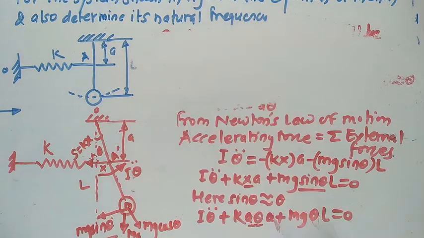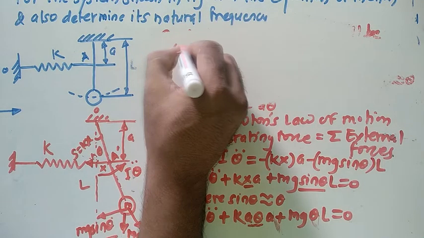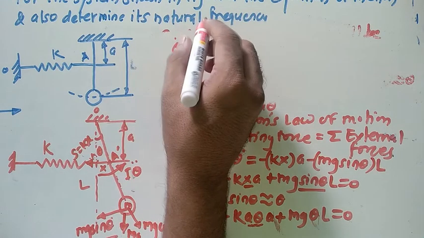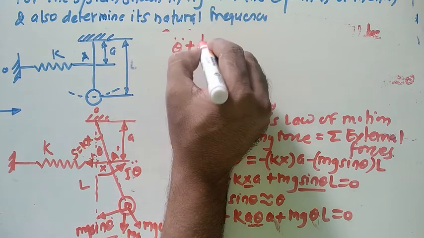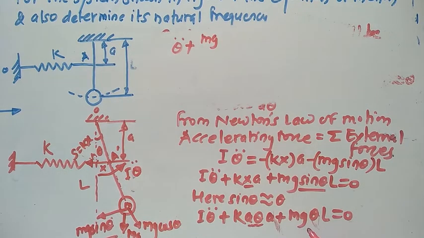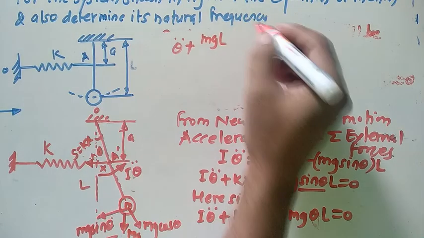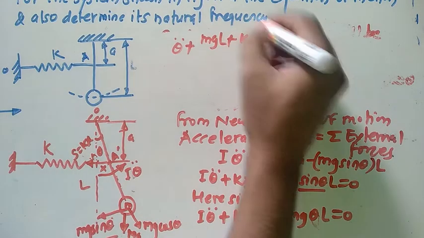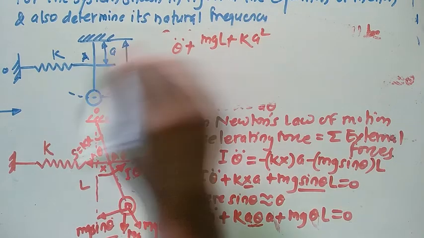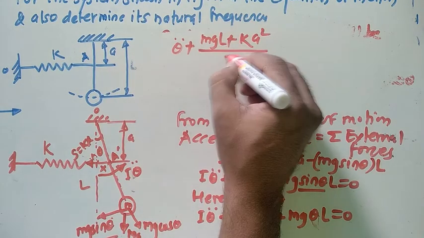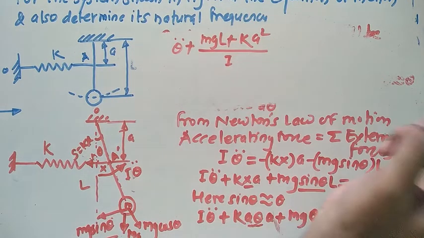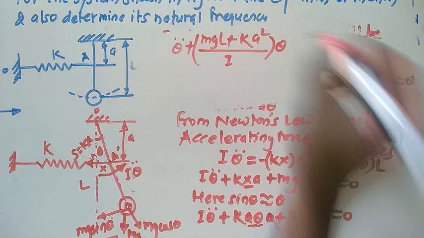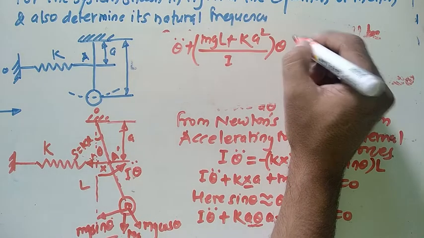I'll write this equation this way: theta double dot plus, I'll write the mgl term first, mgl, plus the next one, k times a is k a square, divided by this I term. I'll take this I here, then take theta common from both terms, and equate with 0.